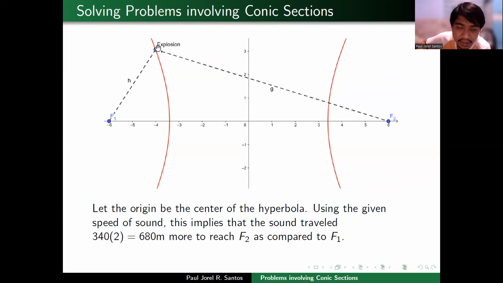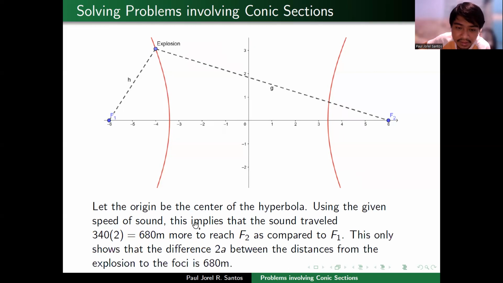So, in other words, the difference between the distance of the explosion to F sub 2 and the explosion to F sub 1 is 680 meters. If we subtract the distances between these two, it will be 680 meters. And that difference will be equal to 2a.